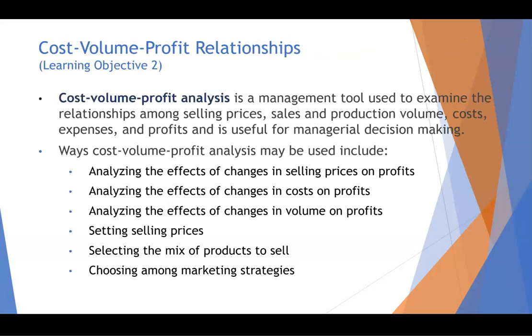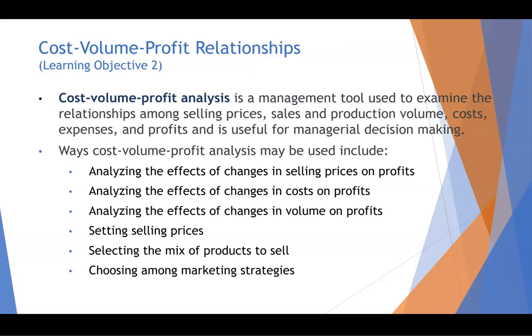Now, cost, volume, profit analysis is a tool that's used to look at relationships among selling prices, sales and production volume, costs, expenses, and profits. And it helps managers make decisions.